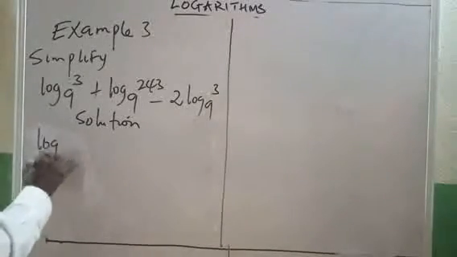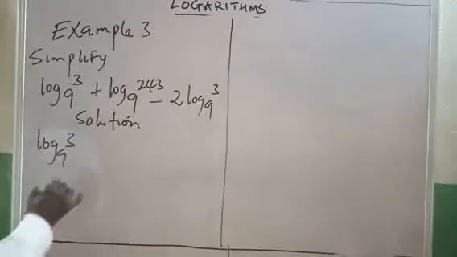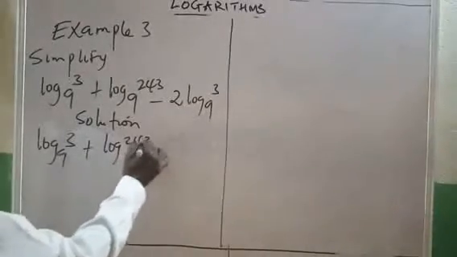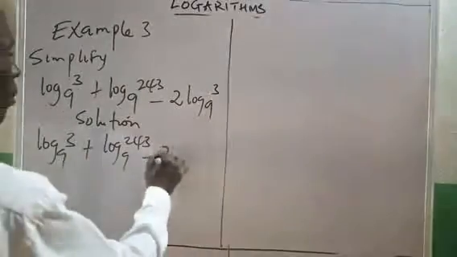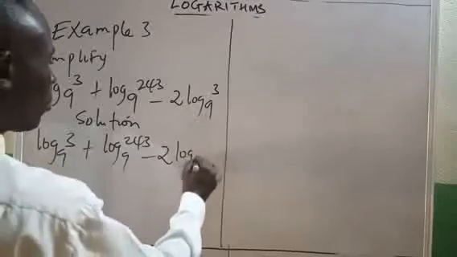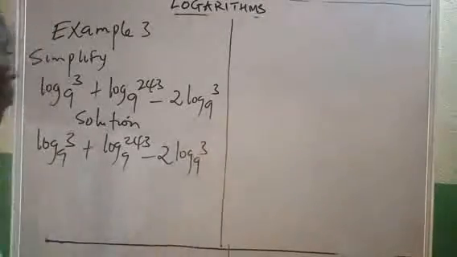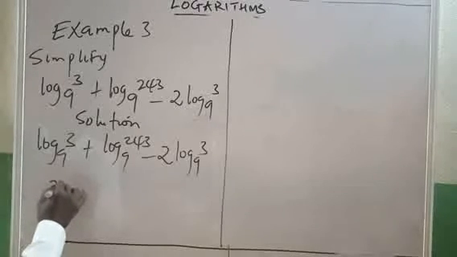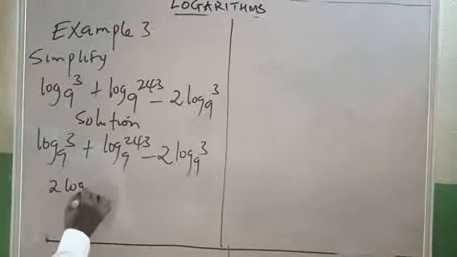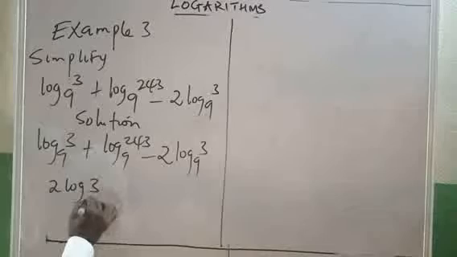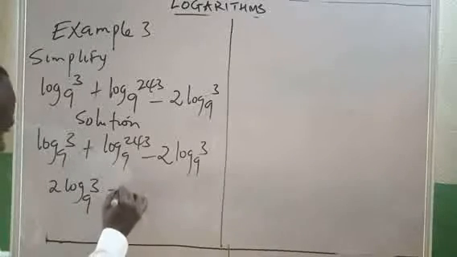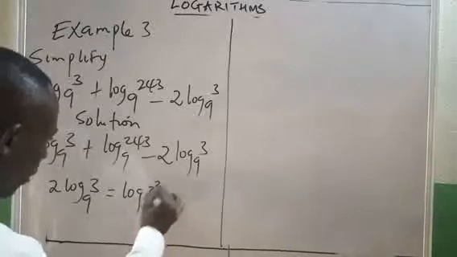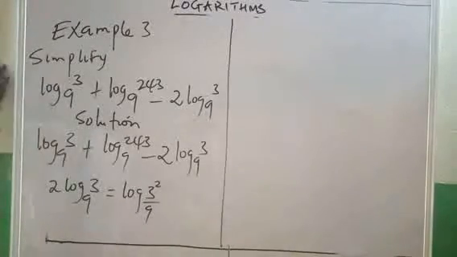We have log 3 to base 9 plus log 243 base 9 minus 2 log 3 base 9. Recall that 2 log 3 base 9 is the same thing as log 3 raised to the power of 2 base 9.